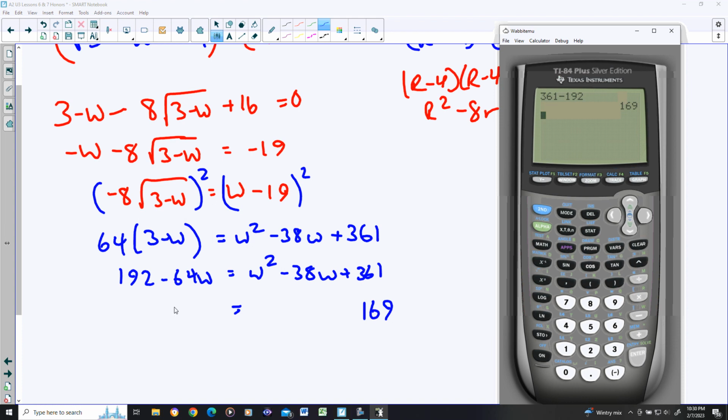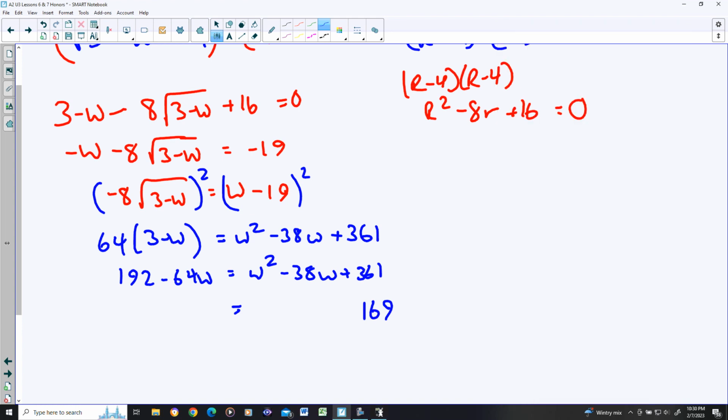And then finally, we're going to add 64 to both sides. So 64 minus 38 is 26. W squared. We get 0 equals w squared plus 26w plus 169. So it turns out 169 is a perfect square. It's 13 times 13.